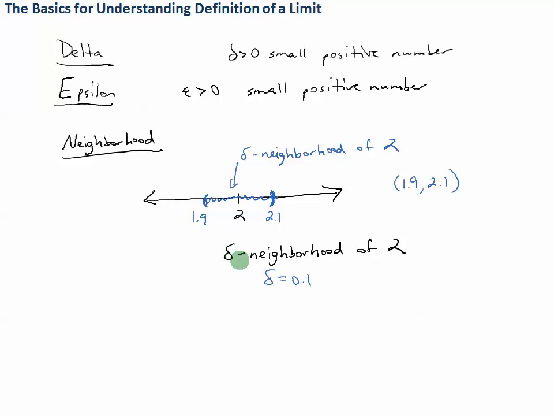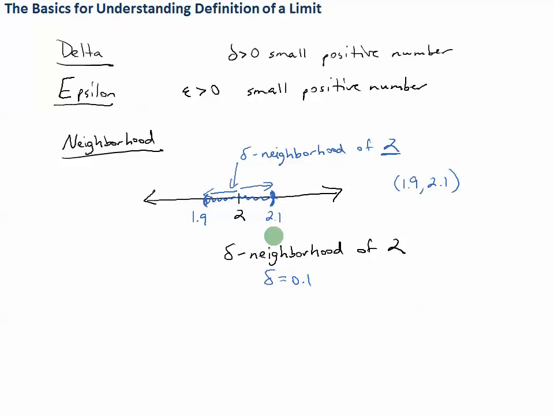If this was epsilon, then it would be called an epsilon neighborhood. So a neighborhood is just basically centered at the value you're discussing, in this case 2, and you measure your small positive value in each direction to get your neighborhood. Every value in that interval is in the neighborhood.